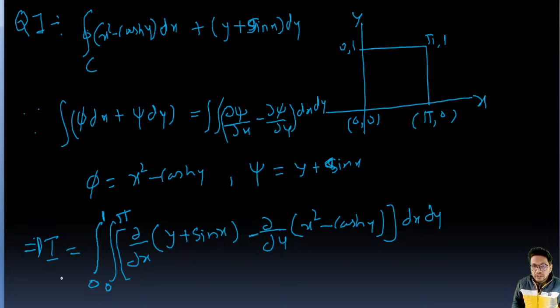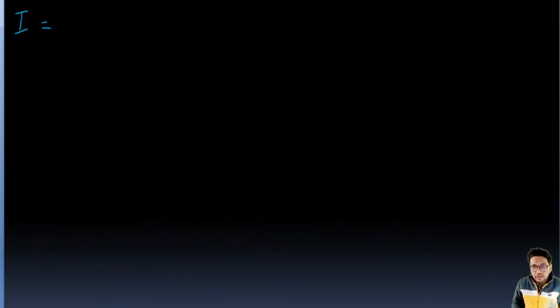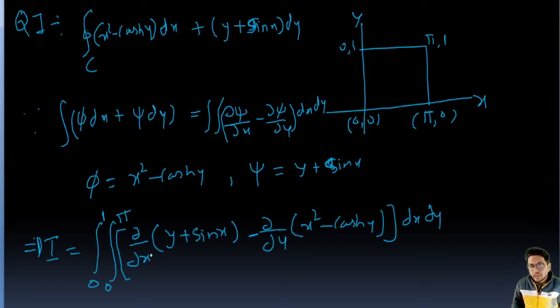Differentiating this function, it is going to be cos x, so integration 0 to 1, integration 0 to pi cos x, because the partial differentiation of y is going to be 0. If you differentiate sin x, this is going to be cos x.